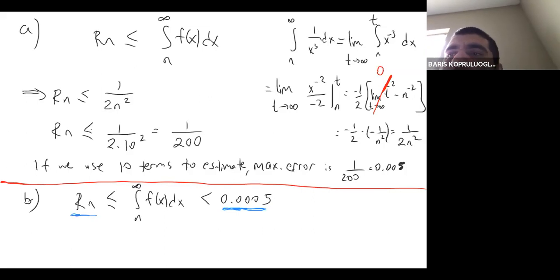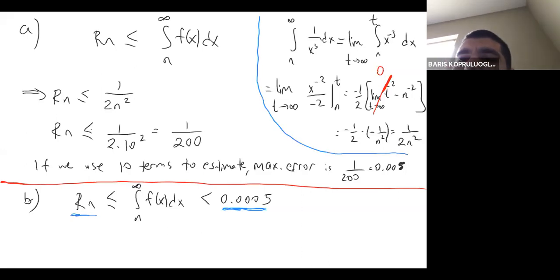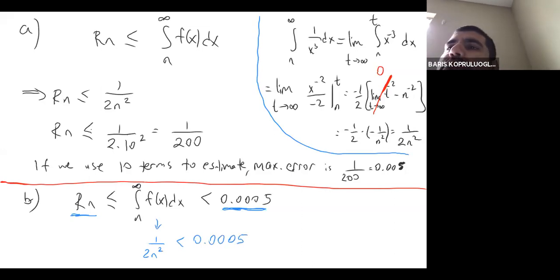And we know from here that this integral is 1/2n squared. So this is pretty much the inequality we should solve. So then let's solve it for n. What is 0.0005?